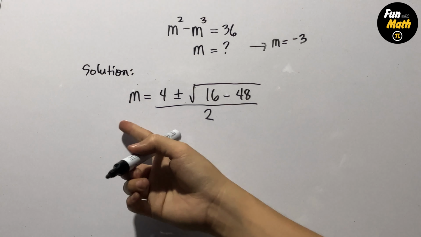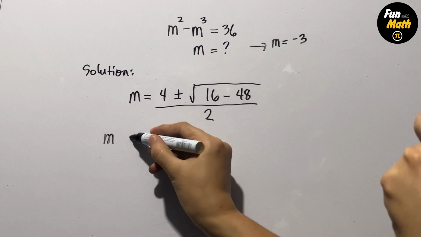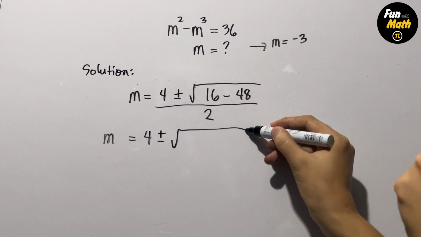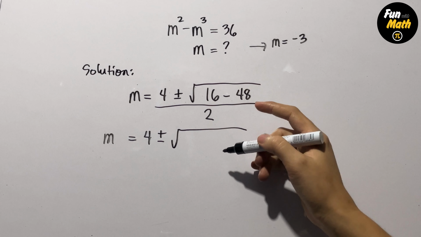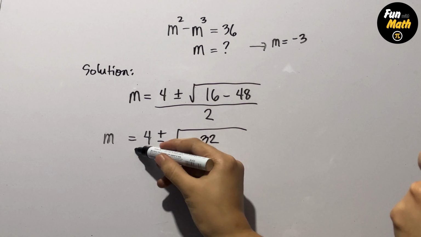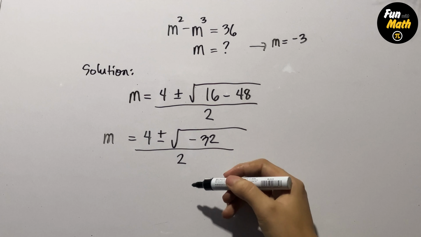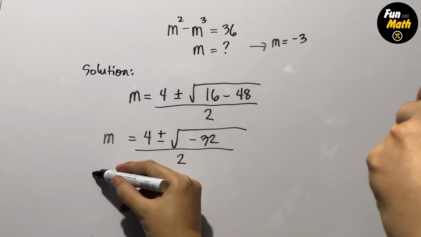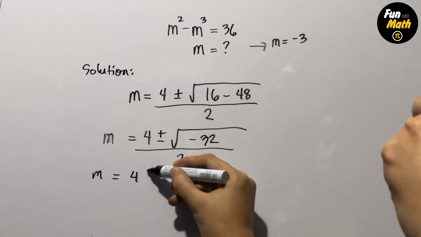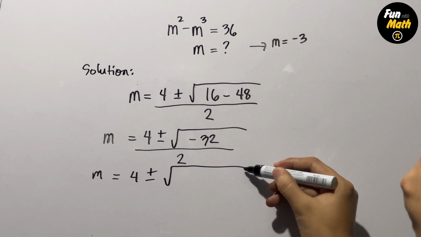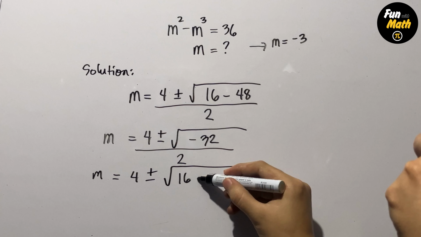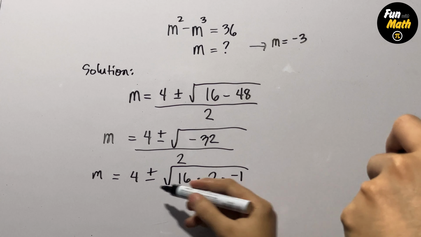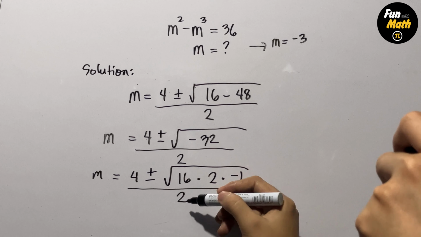Now to continue, m is equal to 4 plus or minus the square root of 16 minus 48, which is negative 32, all over 2. Now for this negative 32, we can split this, and m is equal to 4 plus or minus the square root of 16 times 2 times negative 1, all over 2.